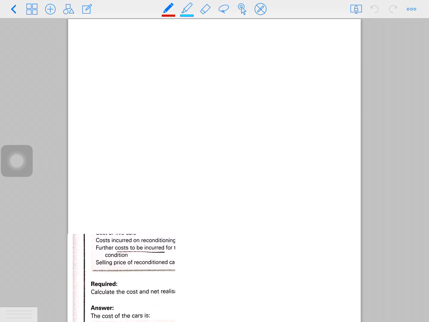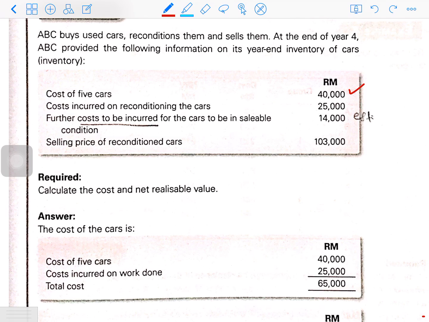Total cost is 65. And then further cost to be incurred for the cars to be in saleable condition. This is the amount of the cost to make the sale. It is not the cost of the product, but the cost to make the sale.